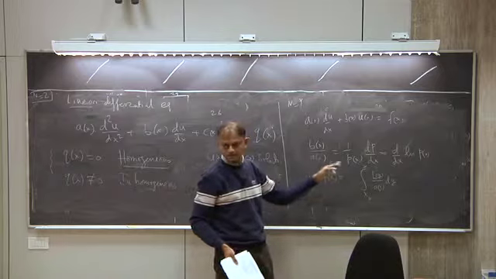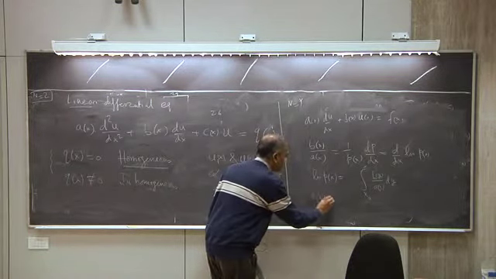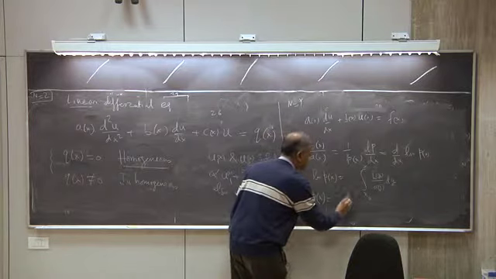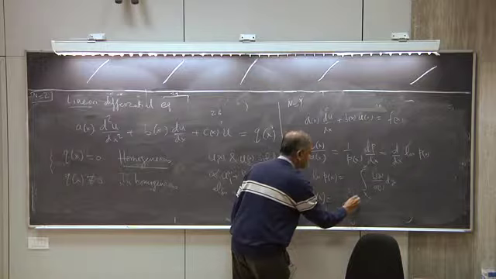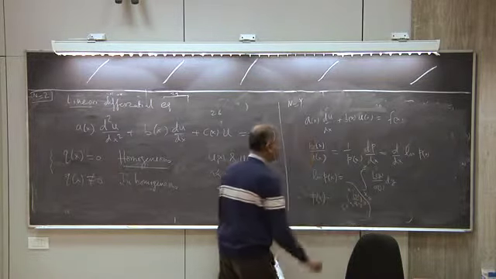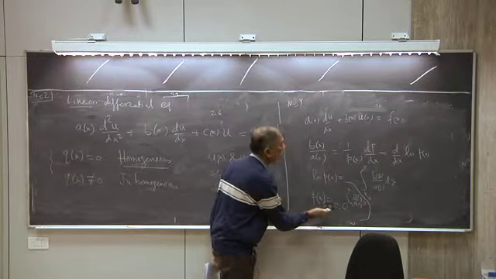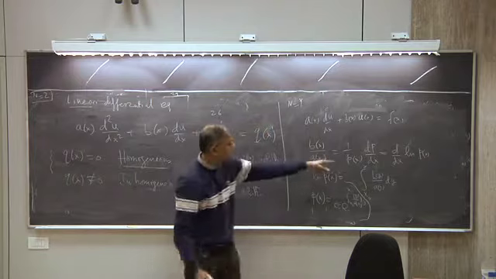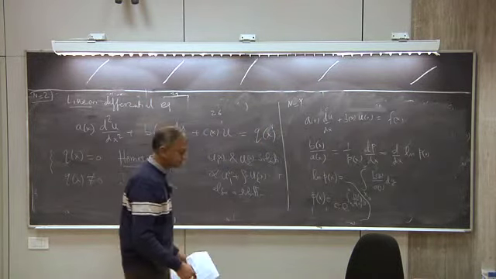So that's the solution. Therefore, p of x is the exponential of the integral from x naught to x of b over a dy, times any constant, because that constant anyway drops out. Any constant you can put will give a general solution.